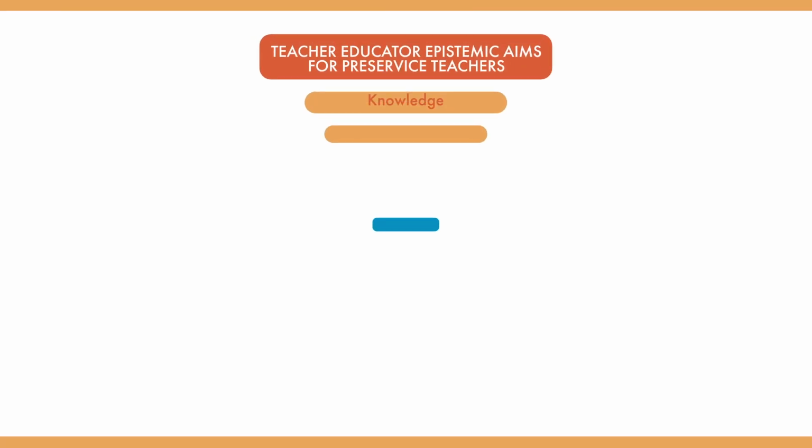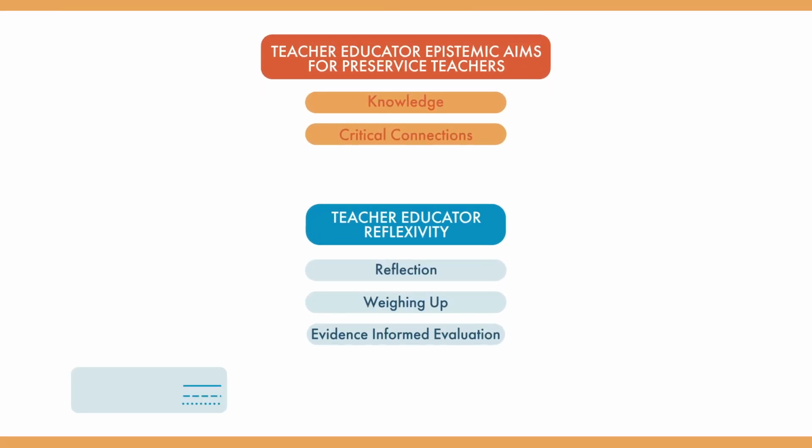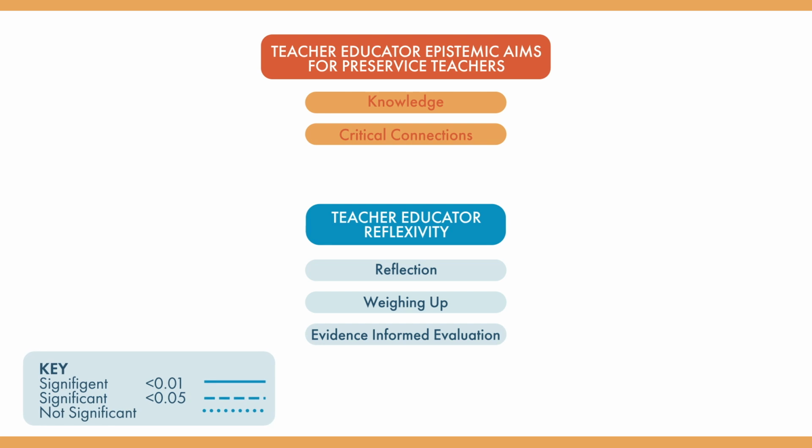So another relationship we looked at was between the epistemic aims and the reflexivity of teacher educators. And here, teacher educators who placed more importance on epistemic aims related to critical connections, for example, for pre-service teachers to develop deep understandings about teaching for diversity, were more likely to report engagement and reflexivity in the context of preparing pre-service teachers to teach diverse learners.